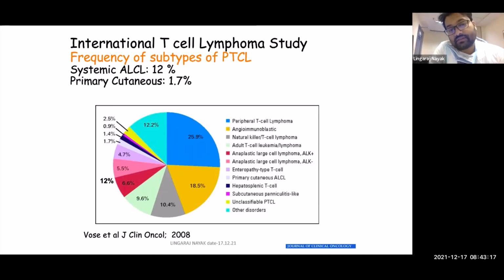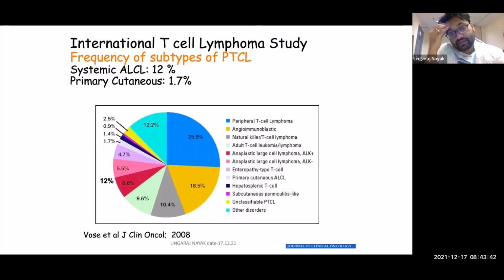For that reason, the International T-Cell Lymphoma Project was started, the main purpose of which is to collect data from various countries, North American, European, and Asian, to understand the incidence, the geographic variations, and also the outcomes of these patients.